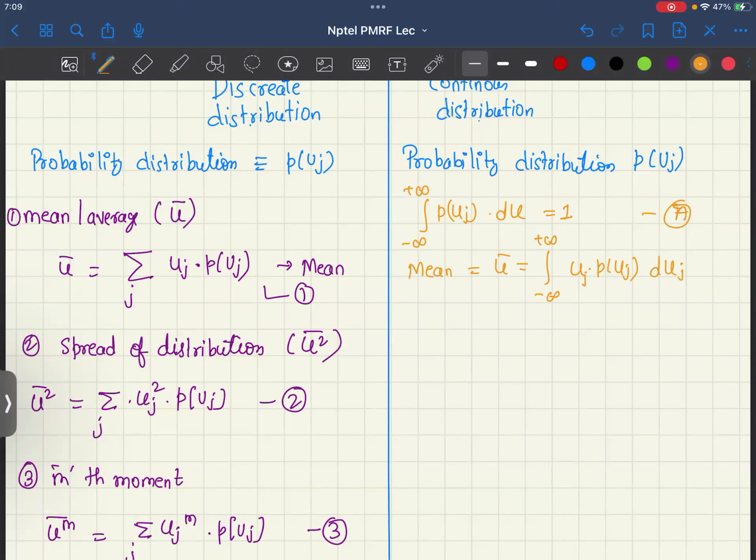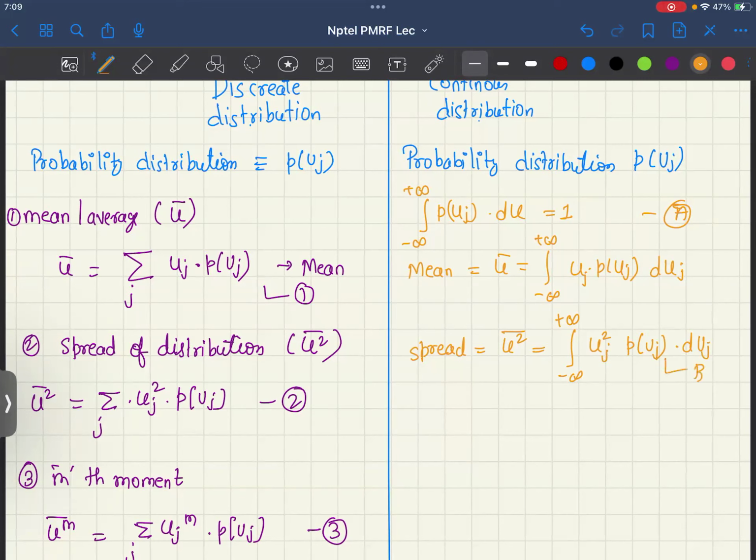The second one is the square, denoted by u square bar, which is the integral from minus infinity to plus infinity of uj squared multiplied by the probability of it occupying that state, multiplied by d of uj.